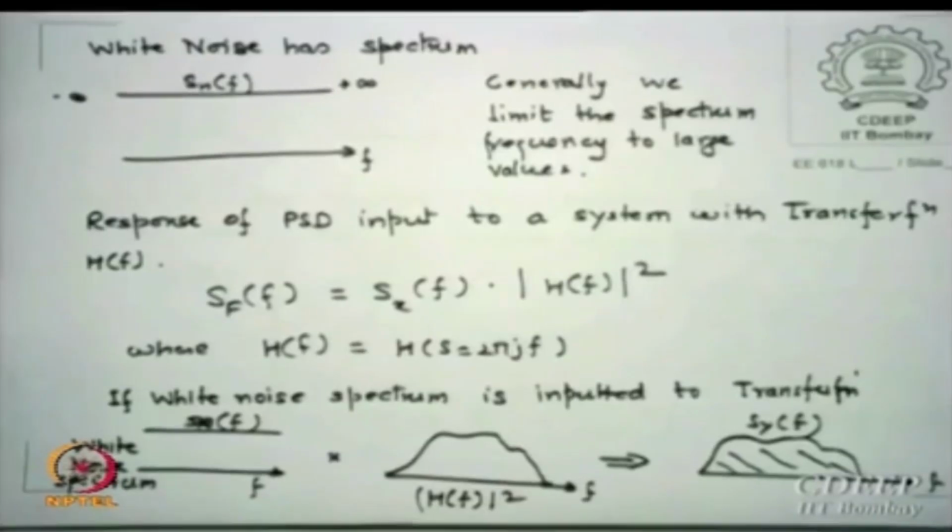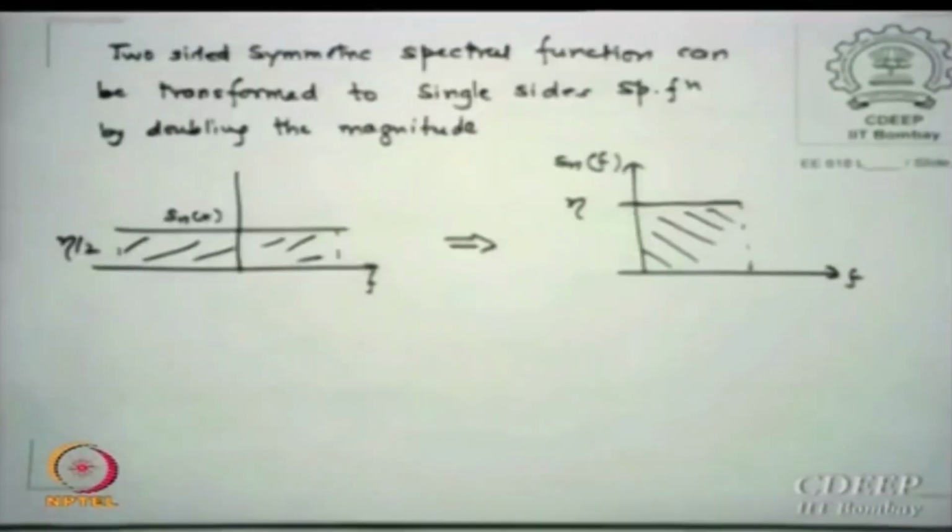For going from two sided to one sided, the integral from minus infinity to plus infinity becomes twice the integral from 0 to infinity. The same technique is used, so just double the amplitude. That is how noise spectra are shown one sided. After all we are doing averaging, and averaging means integral. So a two sided spectrum can be converted to single sided with double the amplitude.